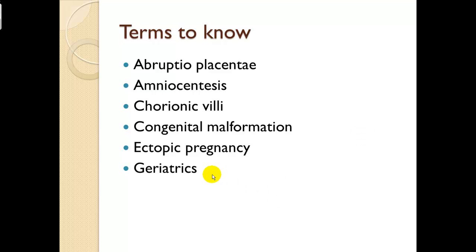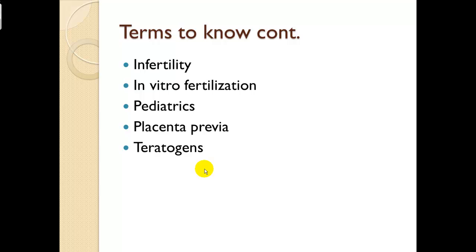Geriatrics is a specialized type of medicine developed for older individuals. Infertility is the inability to conceive, on either the male's or the female's part. In vitro fertilization is the implanting of eggs.